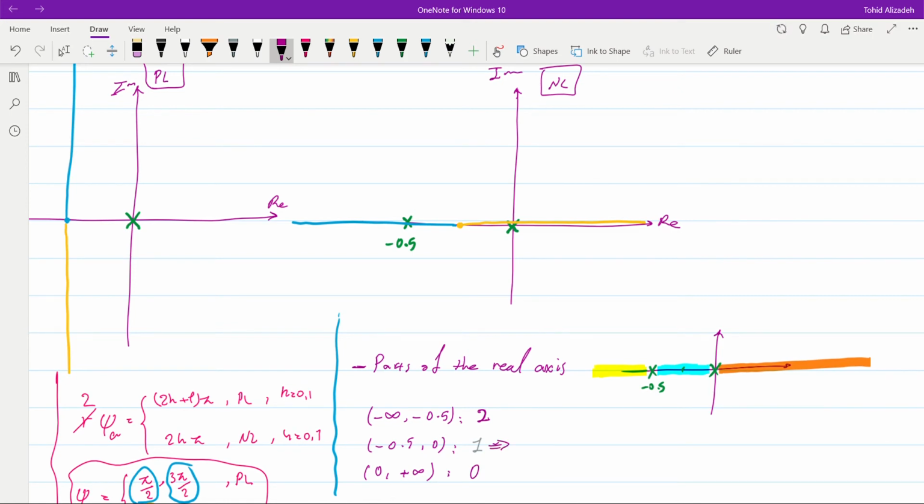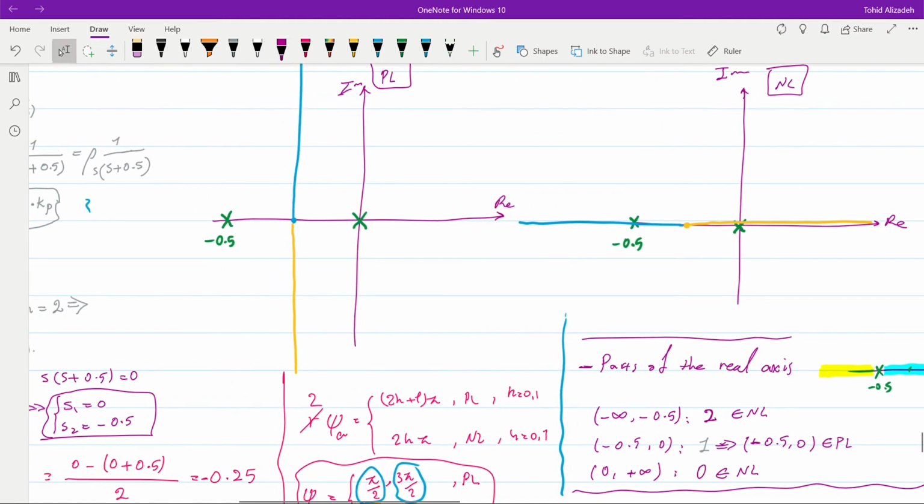Therefore, we can say that the area from minus 0.5 till 0 belongs to our positive locus, and the other two belong to our negative locus. Okay, so this part of the real axis belongs to our positive locus, and these parts of the real axis belong to our negative locus.